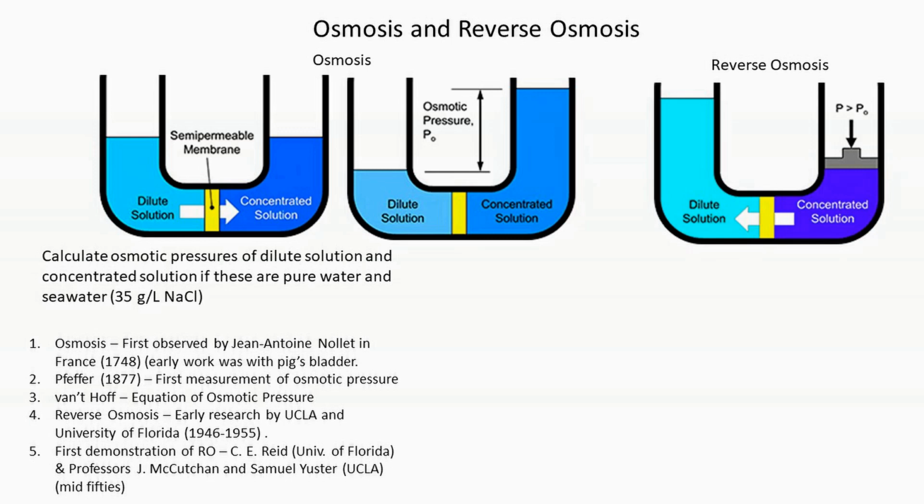Later on, people started trying to figure out whether one could make synthetic membranes instead of these natural systems. Would they do the same thing? The first demonstration of the process of reverse osmosis, that is, someone was smart enough to figure out, let me go in the opposite direction.